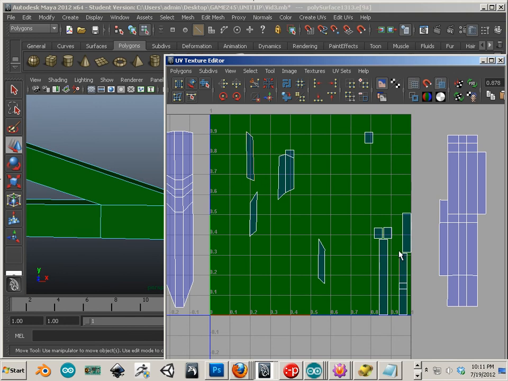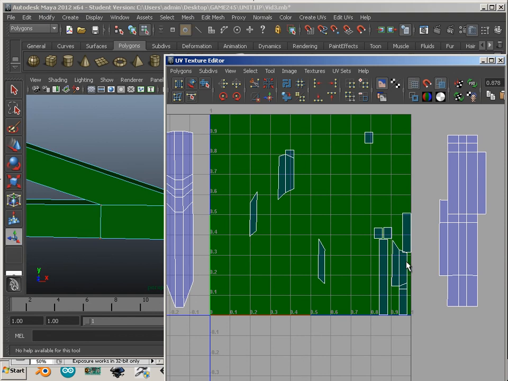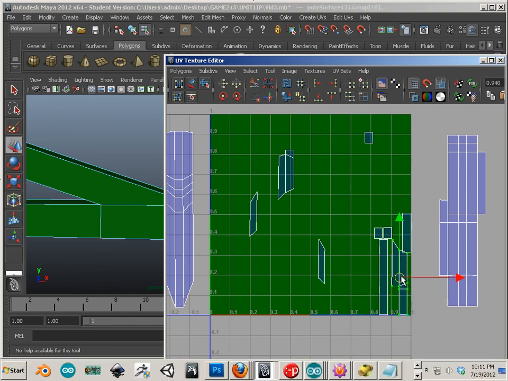Okay, that one, this one, and that one go together. Again, go back over there and get it. Drag it back over here so you can keep it organized. Okay, I can't merge those two because that'll cause distortion.